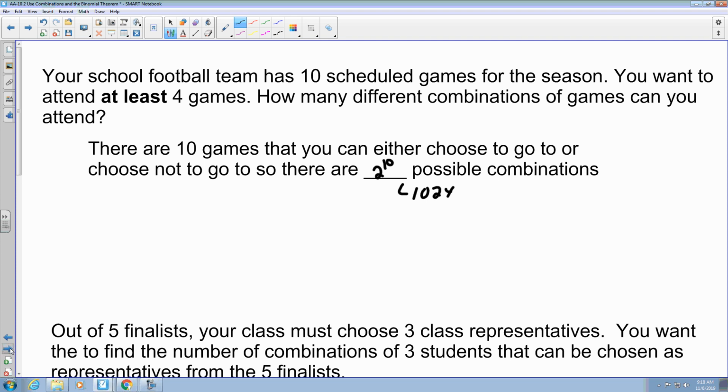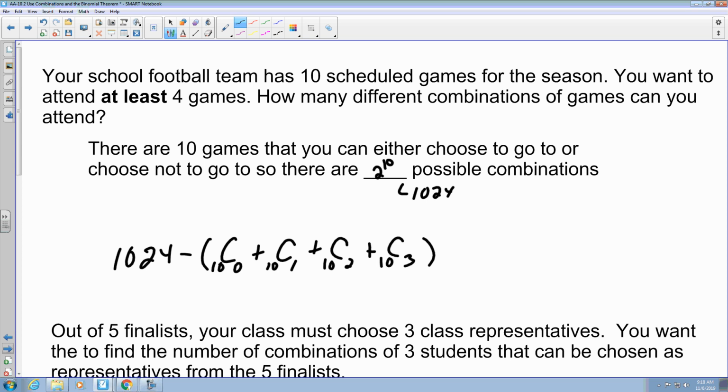So what we're going to do is take that 1,024 and subtract the ones that we're not going to do. We know that we're not going to attend 0 games. So we have 10 choose 0 plus 10 choose 1 plus 10 choose 2 plus 10 choose 3, because we already established you want to go to at least 4. These ones are not part of the possible outcomes for this situation.